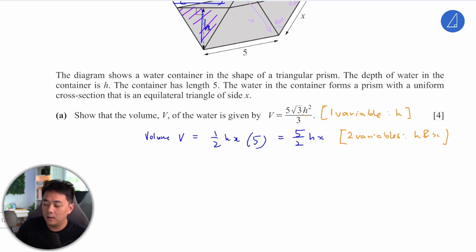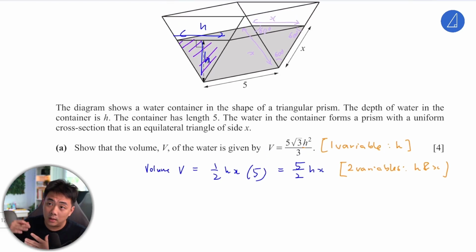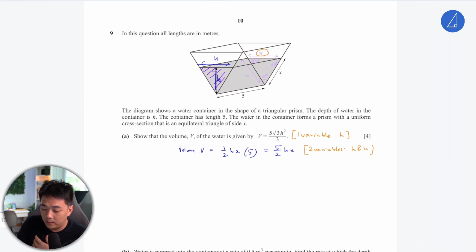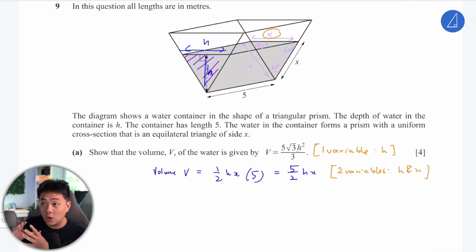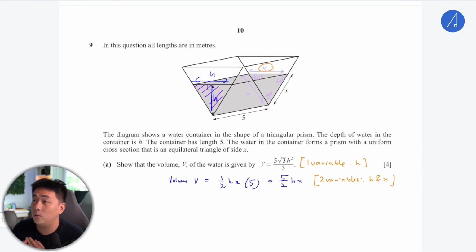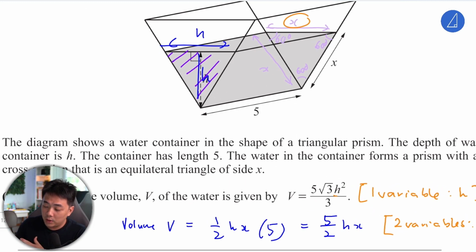You see that? Okay. h and x are variables because as the height of the water increases, x will also increase. So what we need to do now is essentially find a relationship which relates both of them. In this case, we have the geometrical shape, which is the relationship between them.